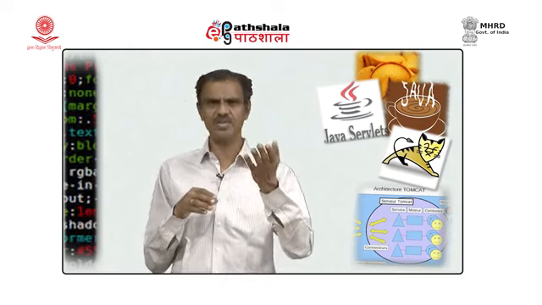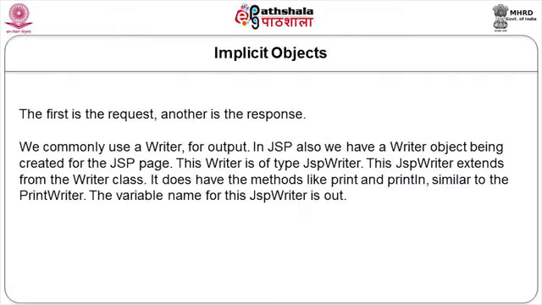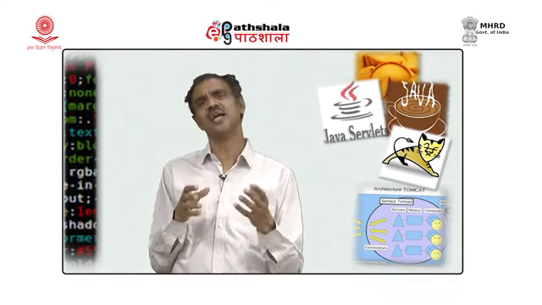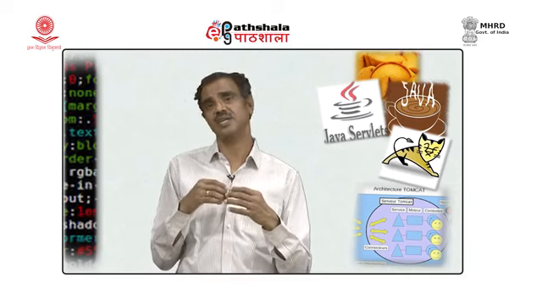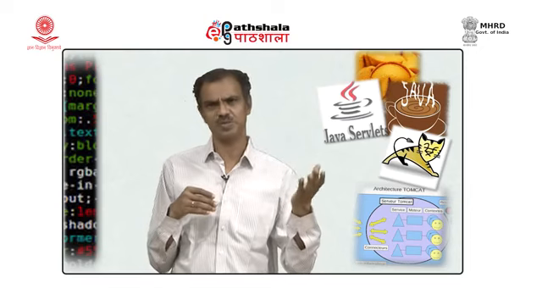The first two I have already mentioned, one is request, another is response. Then our normal thing is we have a writer. We use a writer and then on that writer we say I want to print this. Same thing, we have a writer being created for our JSP page also, and this is a JSP writer. This JSP writer extends from the output stream.